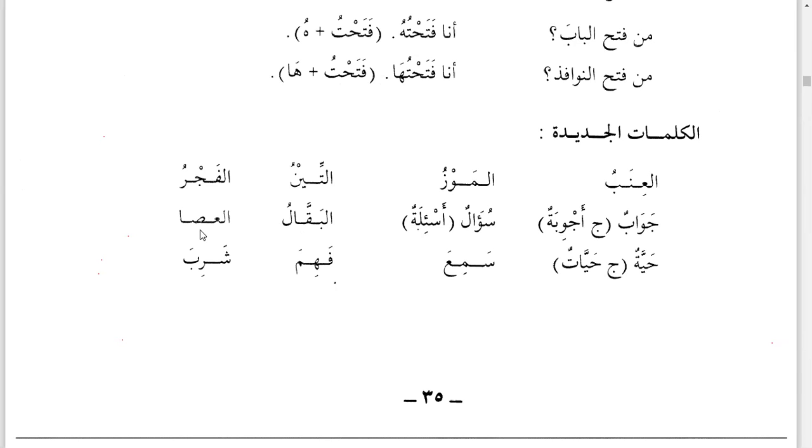Al-asa is always feminine in the Arabic language. And why is it feminine? Because the Arabs said so. Al-asa is feminine in Arabic. وَمَا تِلْكَ بِيَمِينِكَ يَا مُوسَى. So tilka is used for the stick. Al-asa in Arabic is always feminine. Hayyatun.